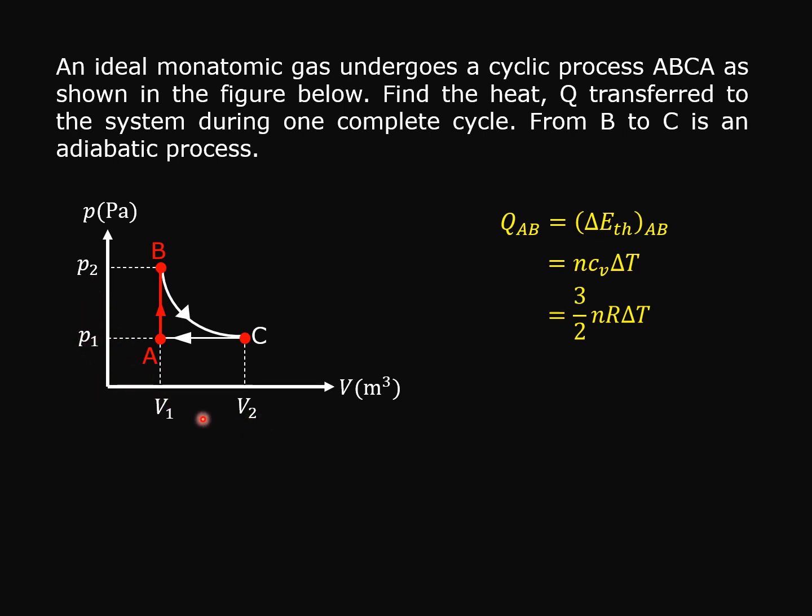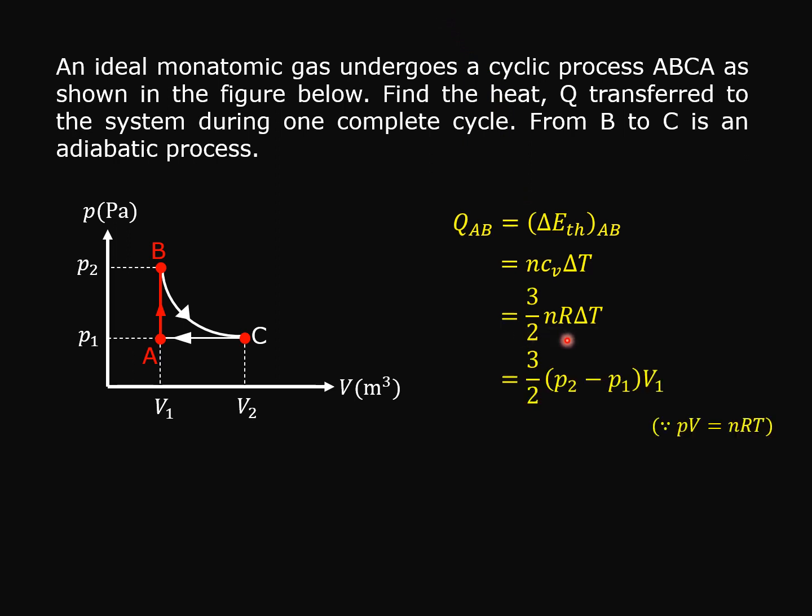Although the exact values are not given, the symbols are given in the graph, so P1, P2, V1, V2 are considered known quantities, and there is no T given. So we cannot evaluate Q_AB directly from delta T.